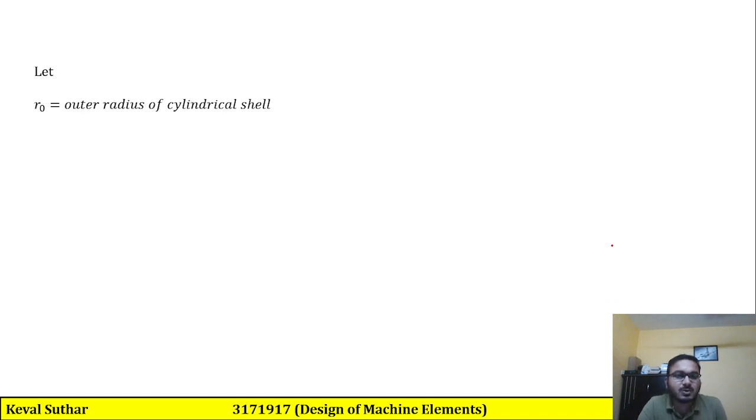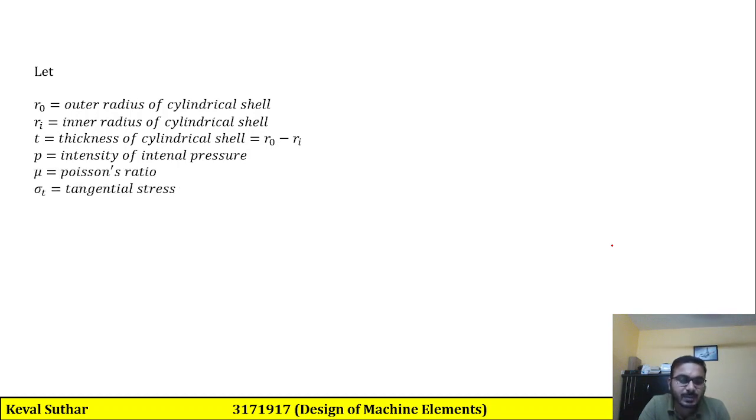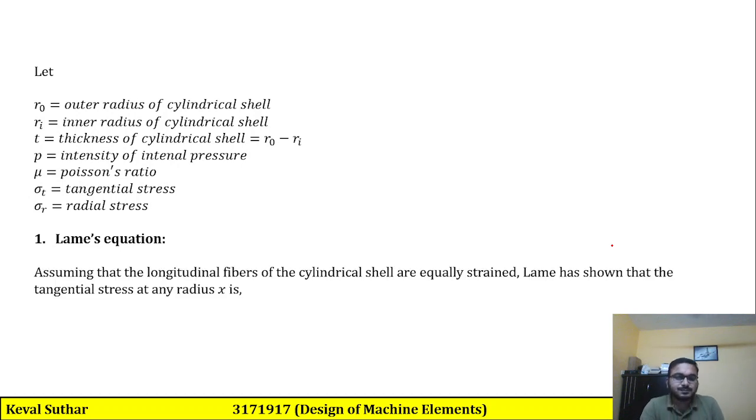So let Ro be the outer radius as we have discussed in our previous slide, Ri the inner radius, t the thickness, P the intensity of internal pressure, mu the Poisson's ratio, sigma T the tangential stress, sigma R the radial stress, and first of all we will see Lamb's equation. Here we will be assuming that the longitudinal fibers of the cylindrical shell are equally strained.